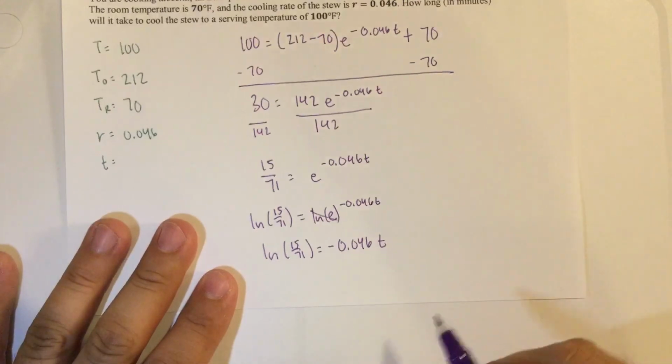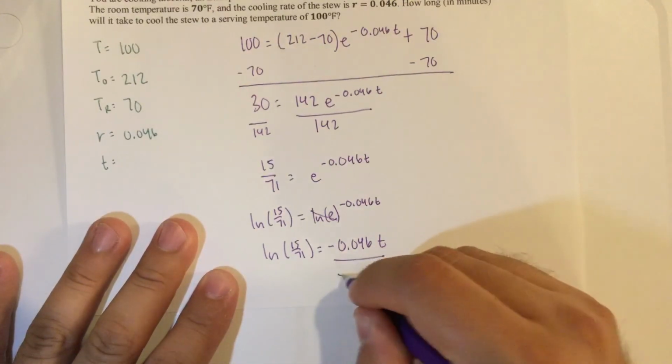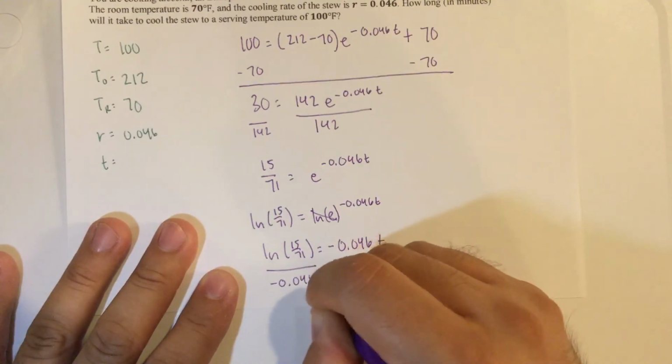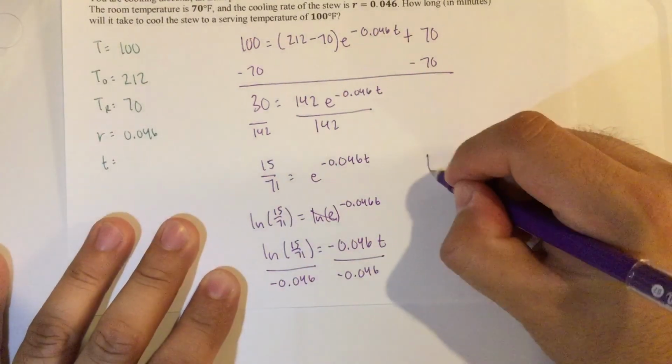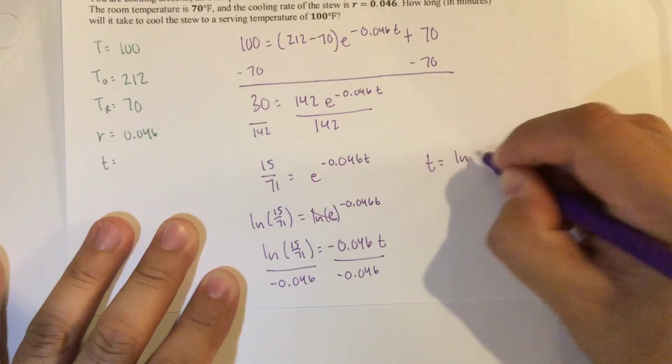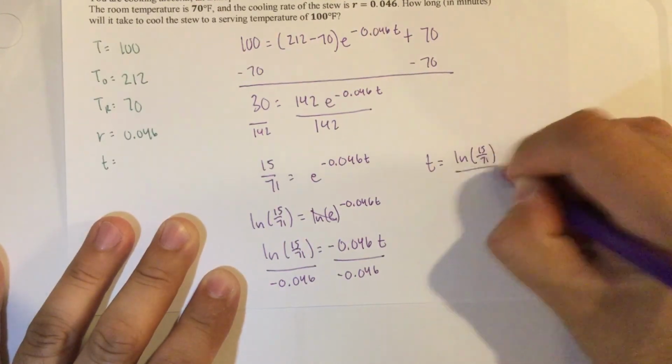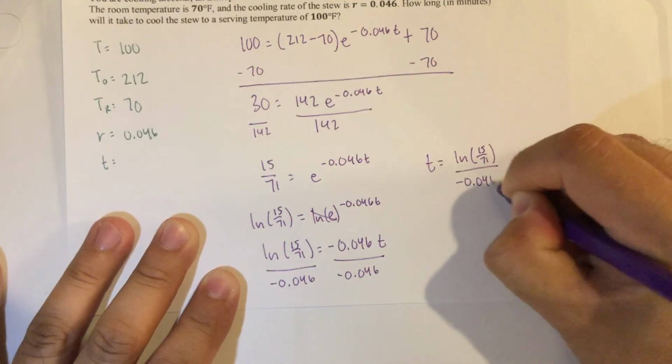And last, we divide both sides by negative 0.046. So t equals ln of 15 over 71 divided by negative 0.046.